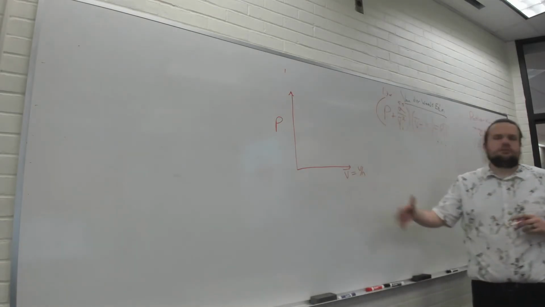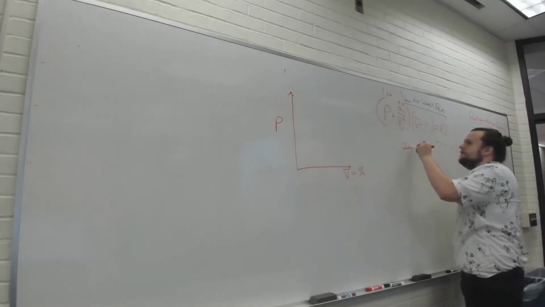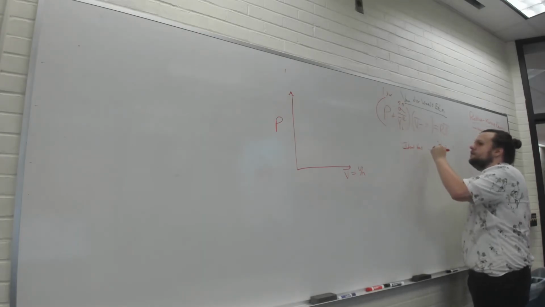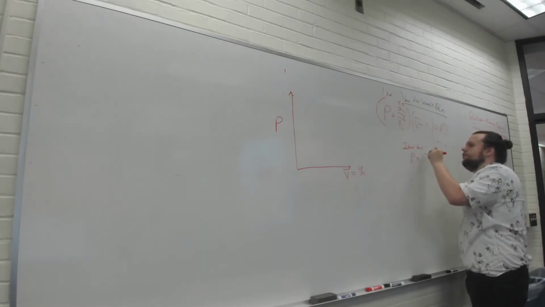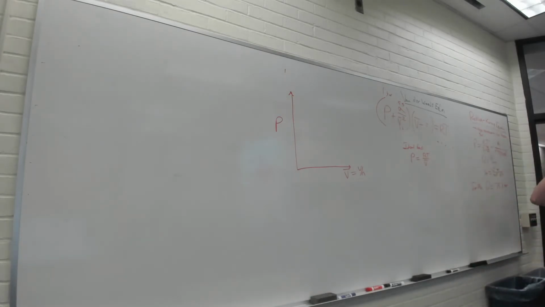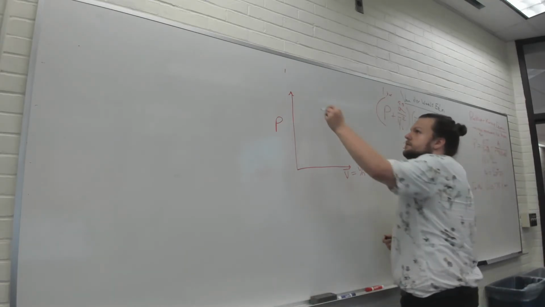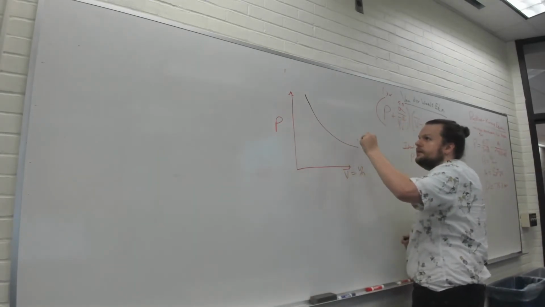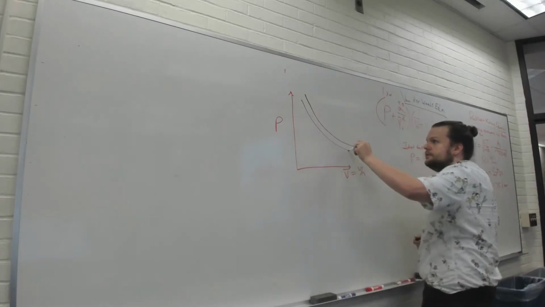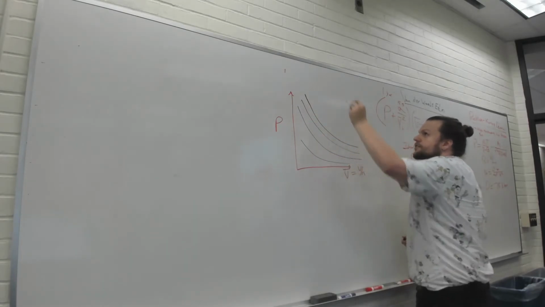All right, we can predict what this looks like for the ideal gas really easily. P is equal to RT over V bar. Right. So really easy to plot. Ideal gas looks like this for different temperatures. This is ideal gas.